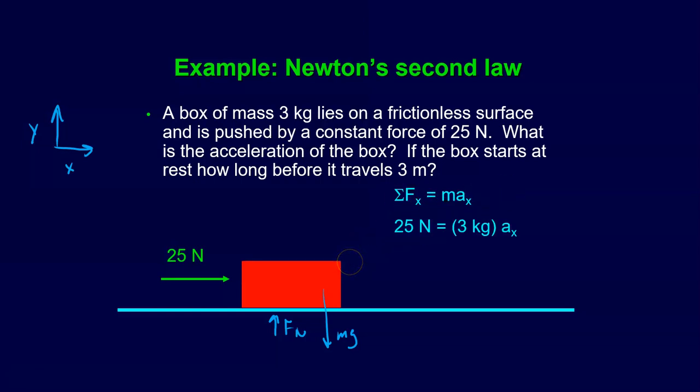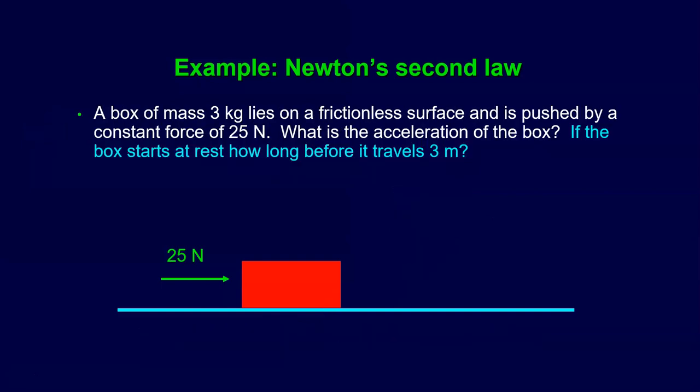In this case, this is a pretty simple one. The force acting is 25 newtons. We're told that the mass is 3 kilograms, and so we can go through really quickly and find out that the acceleration is 8.33 meters per second squared. The second part is, if the box starts at rest, how long before it travels 3 meters?